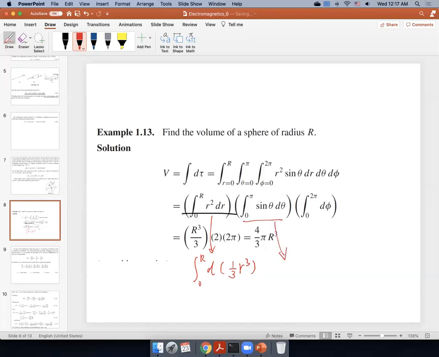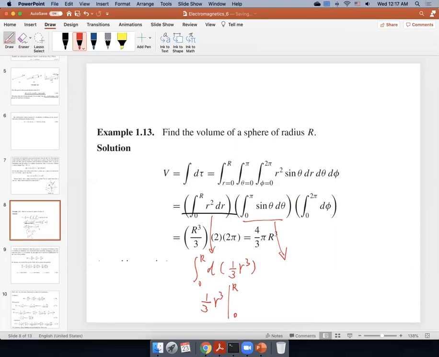If you are familiar with integrals, this term could be written into this term. So finally, you need to calculate 1/3 of r cubed from 0 to R. You just plug 0 and R into the equation. You will get the integral of the first term.